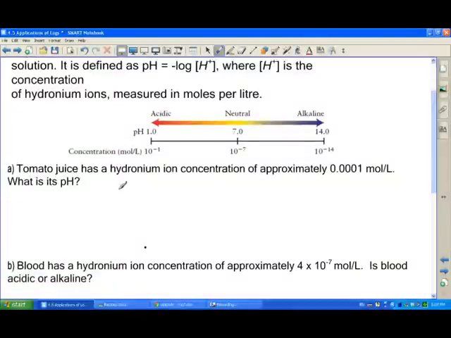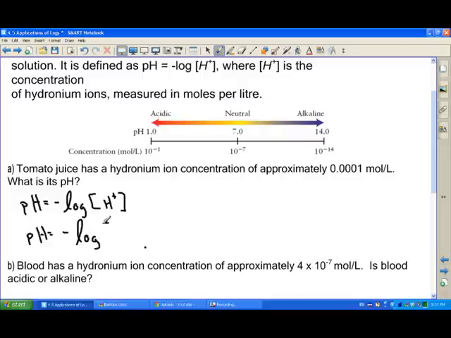We said our equation pH is equal to the negative log of the hydronium ion concentration. In tomato juice, there's a concentration of 0.0001. So pH is equal to negative log of 0.0001.